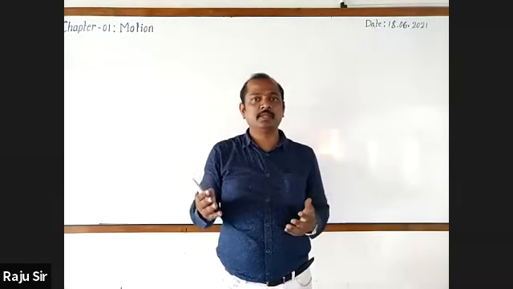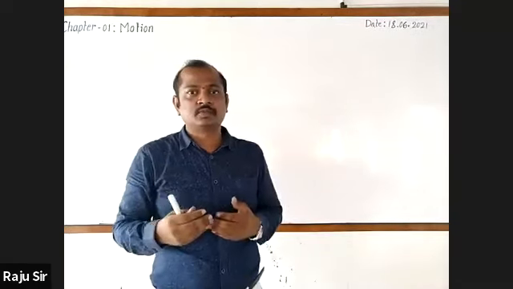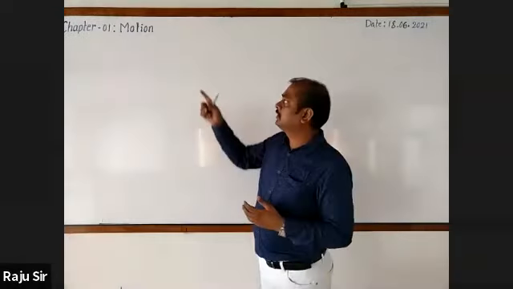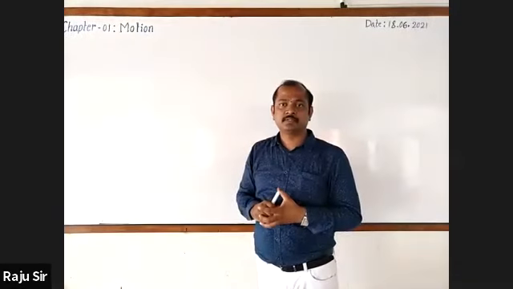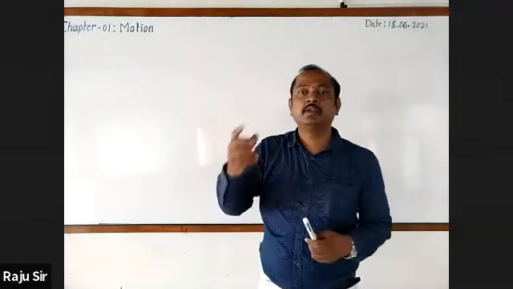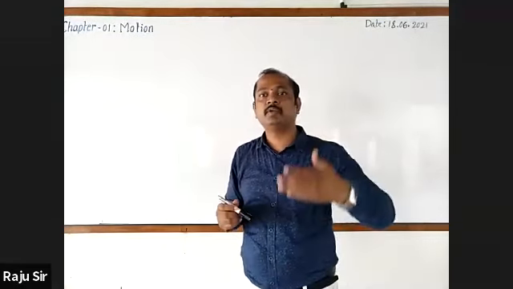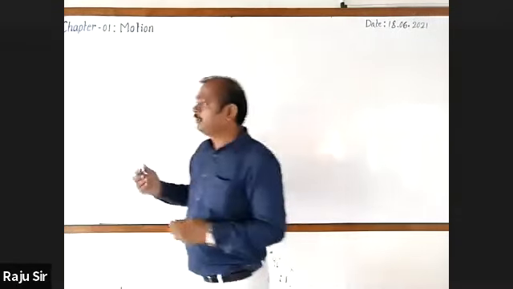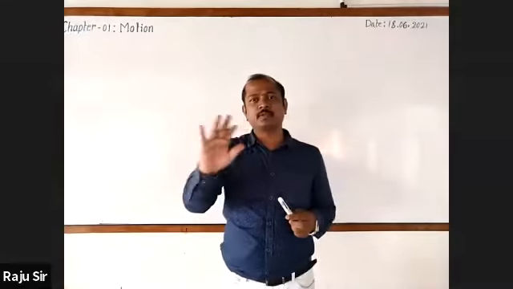Then you all may be thinking how it is. So to know about how we can represent the motion of the objects in the graph, we have to recall the knowledge regarding the graph that we have learned in our previous class. You know that graph is one of the concepts.